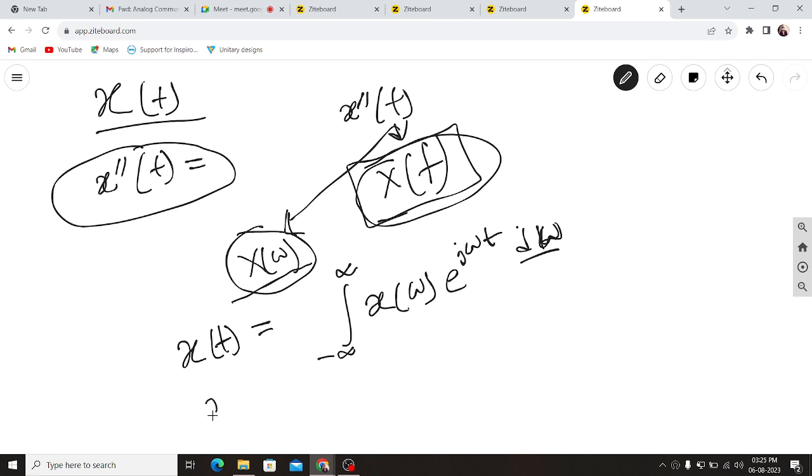So with the first derivative, there is a term e to the power j omega t. So according to the Fourier transform, when we differentiate with respect to t, one j omega term comes out.